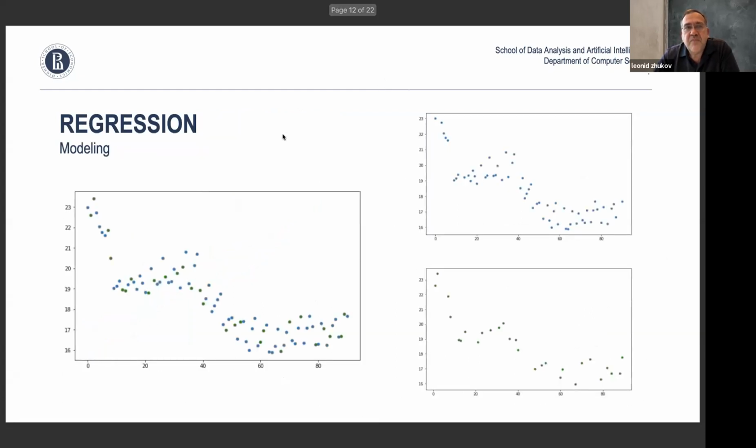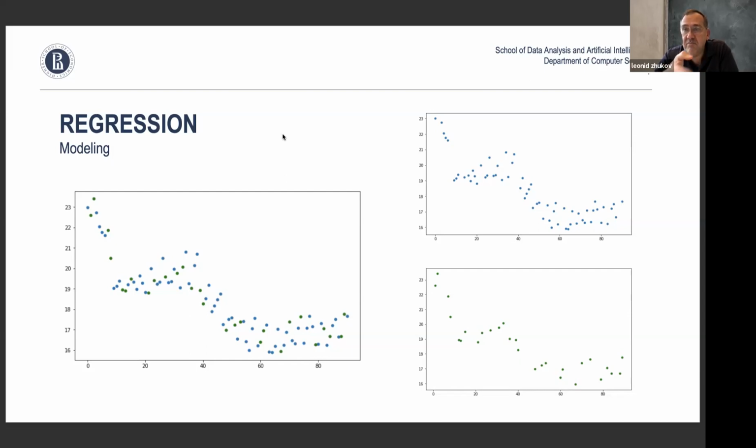Now, let's say we have a regression problem, and this is how we approach the model. Let's say we have this data, which is quite nonlinear the way you look at it. What I have done here is an 80-20 split, where I took the data and split it into the training set and test set.